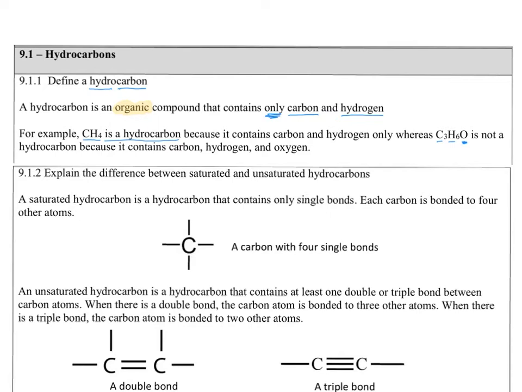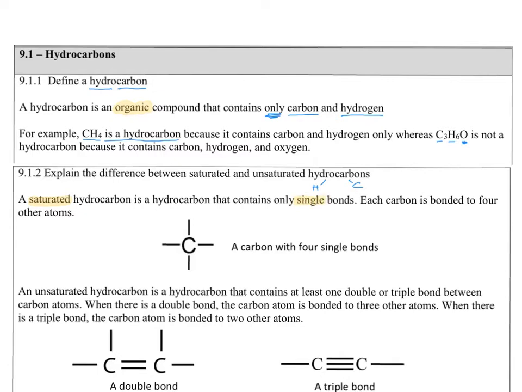Next, we're going to look at saturated and unsaturated hydrocarbons. Remember, hydrocarbons contain hydrogen and carbon. In order to see whether or not it is saturated or unsaturated, it helps me to think of the name. Saturated begins with an S, and so does single bonds.